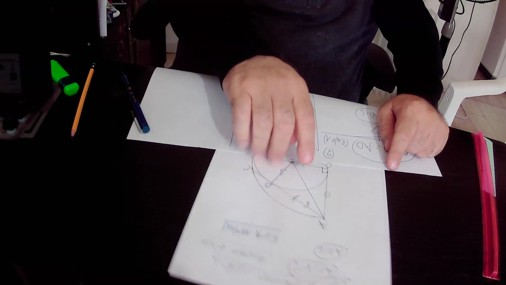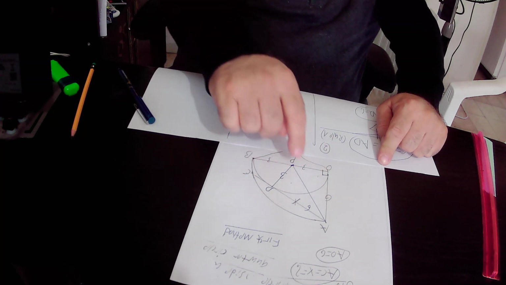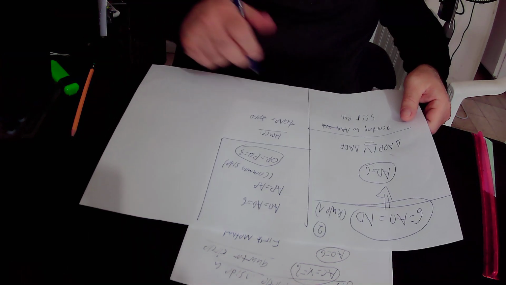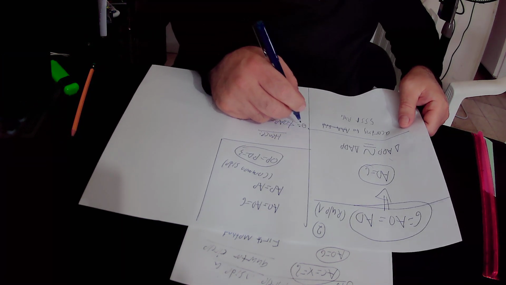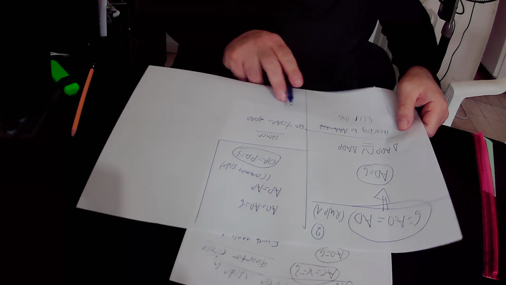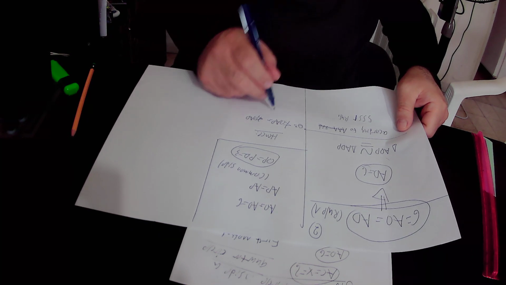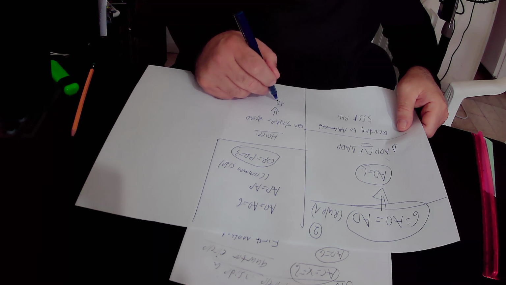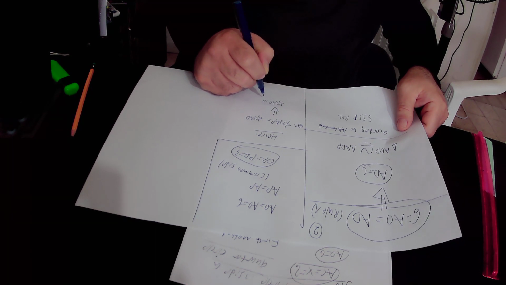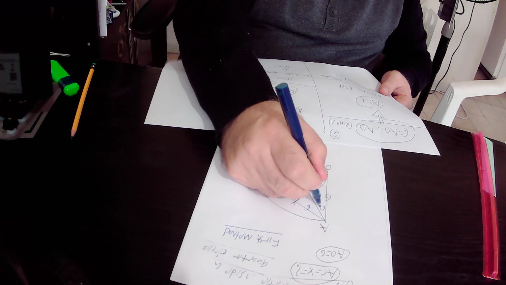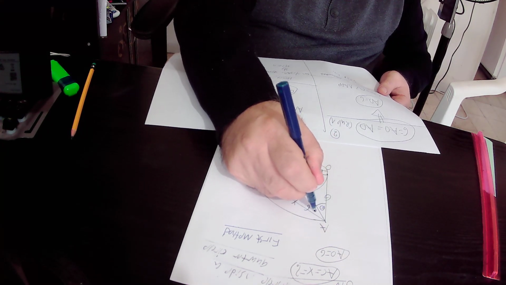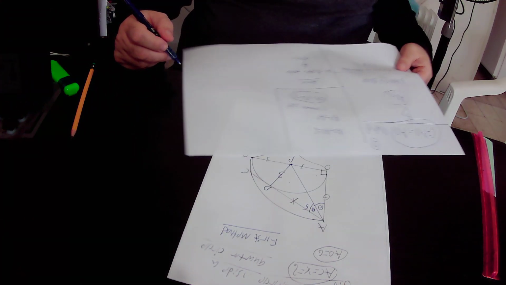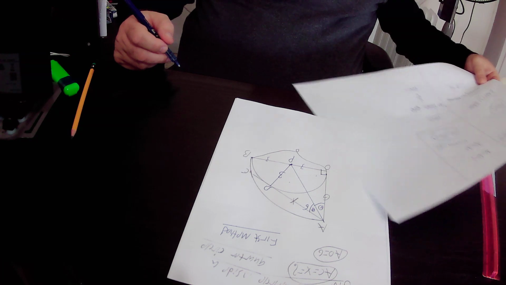So if we define angle OAP as theta, then from this equation, theta equals angle OAP equals PAD, we derive that angle PAD is also equal to theta. So both those two angles are equal to theta.